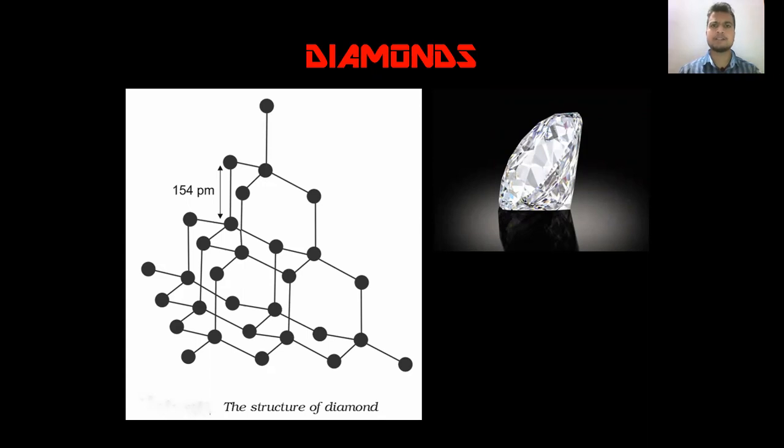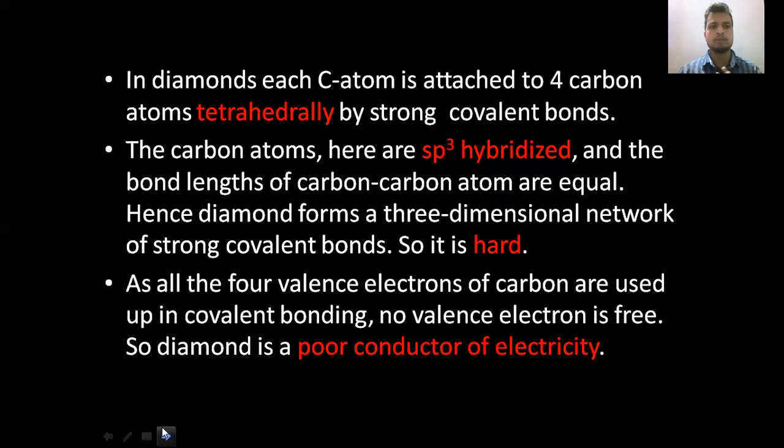So basically, the difference in the characteristic properties of diamond and graphite is due to their structure. In diamond, each carbon is attached to 4 carbon atoms tetrahedrally by strong covalent bonds. As I've told you, the carbon atoms here are sp3 hybridized, and the bond lengths of the carbon-carbon bonds are equal.